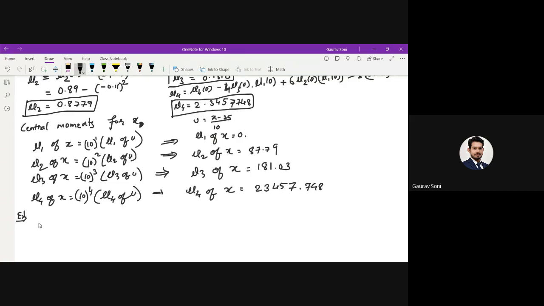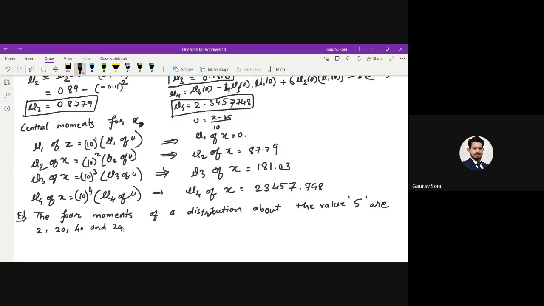Just one homework I'll give you. The first four moments of a distribution about the value 5 are 20, 40, and 200 respectively.